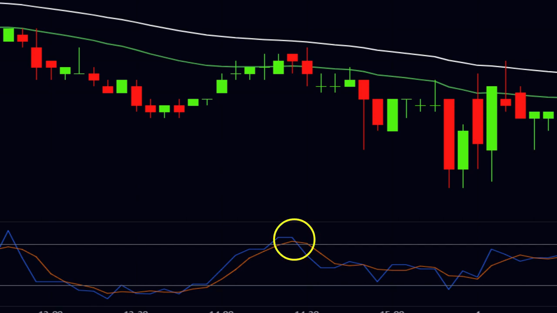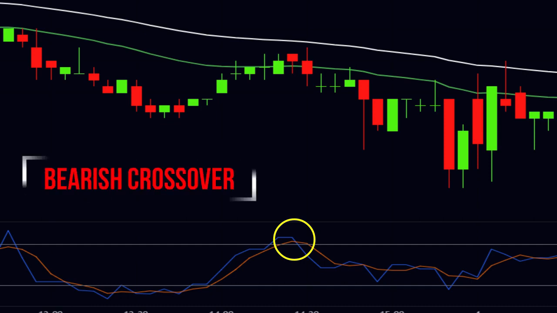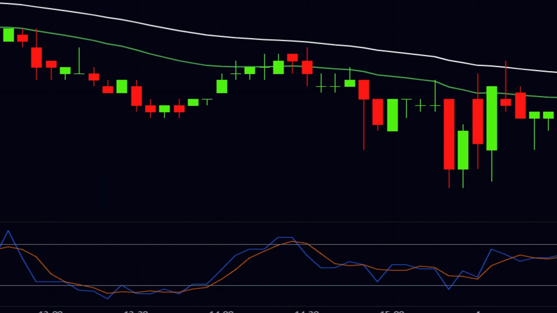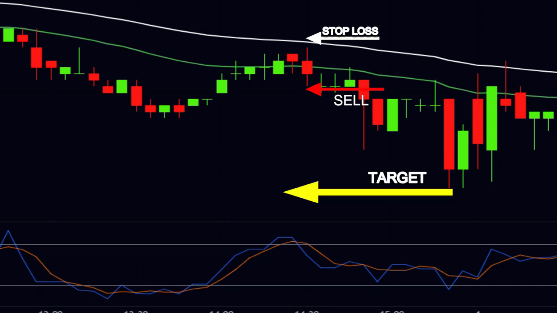As you can see here, the %K line crosses over the %D line from upside to downside, so this is our bearish crossover. Thus, all the conditions are satisfied here. So, we will sell at the low of this candle, our stop loss should be at the 60 EMA line, and our target should follow our 2:1 risk-reward ratio.